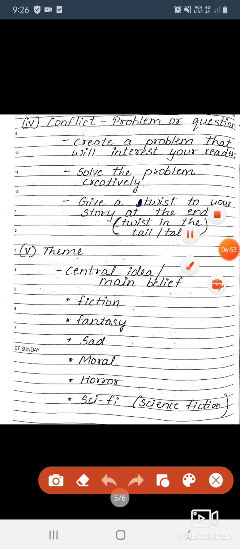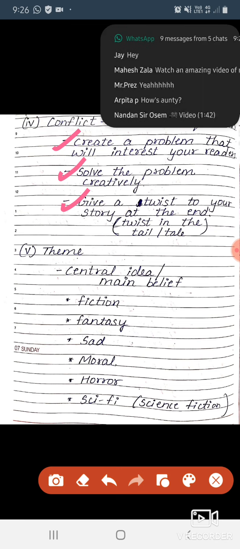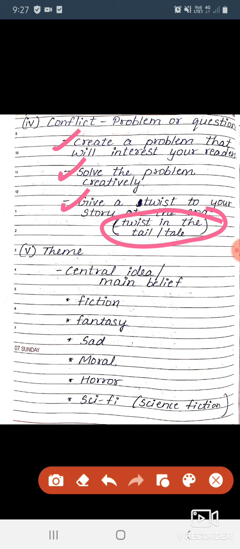The fourth point is the conflict or the problem or the question. Create a problem that will interest your readers and solve the problem creatively. You can give a twist to your story at the end. Now there is this phrase called twist in the tale.